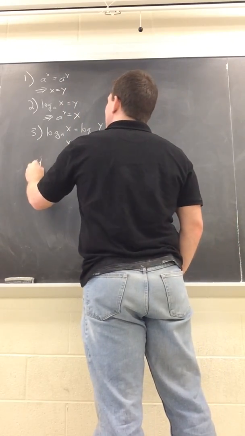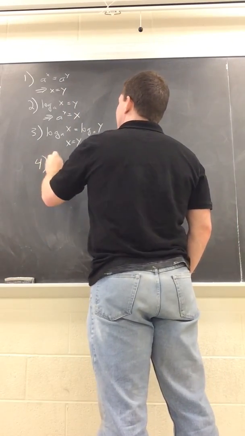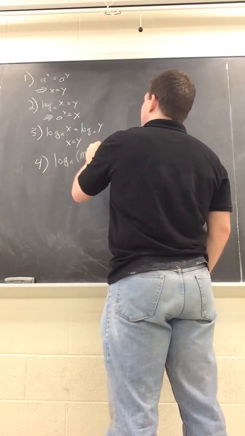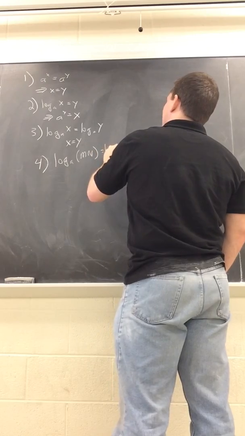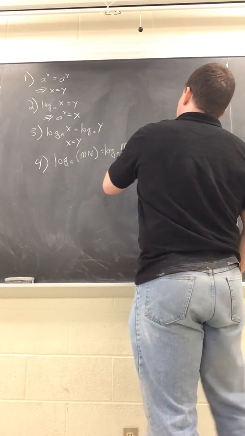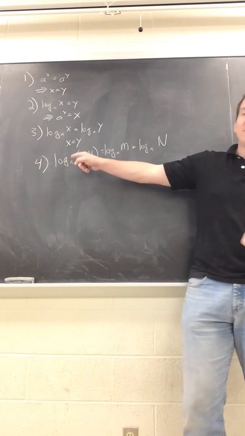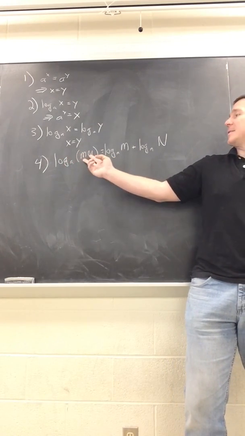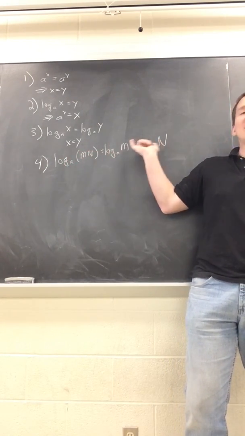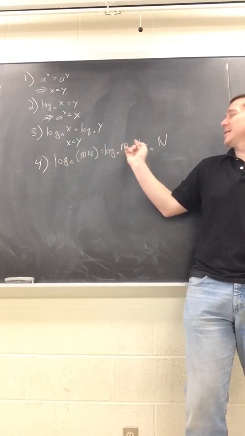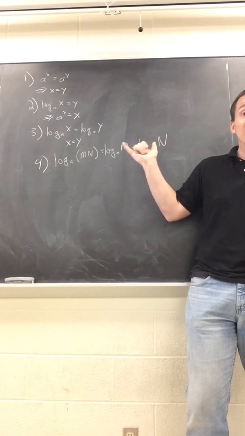So the ones we really use and care about. First one, log base a of mn equals log base a of m plus log base a of n. If you have the log of something that's a product, you can rewrite it as the sum of two logs. In math speak, the log of a product is the sum of the logs.